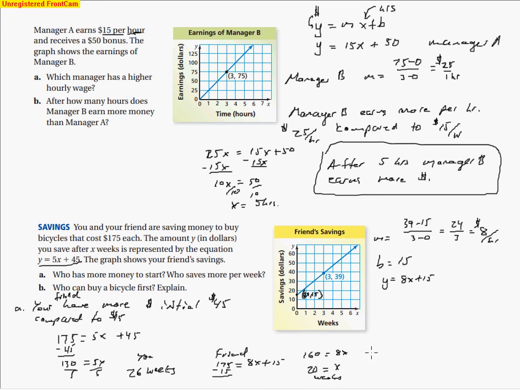So you beat your friend, or your friend beats you. We'll buy the bike first. Your friend will take 20 weeks, and you take 26 weeks.